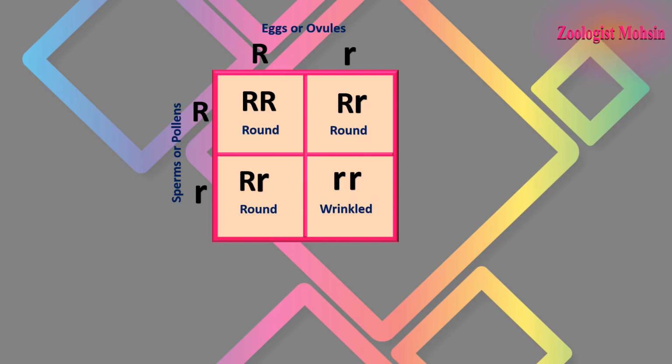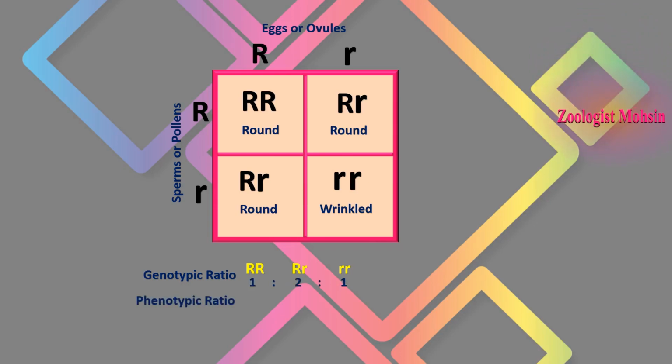That is the basic use of a Punnett square for a single allele to predict its future in the offspring. If we talk about the genotypic ratio here, capital R capital R is homozygous round, and capital R small r is heterozygous round. With respect to genotype, we have a 1:1 ratio.